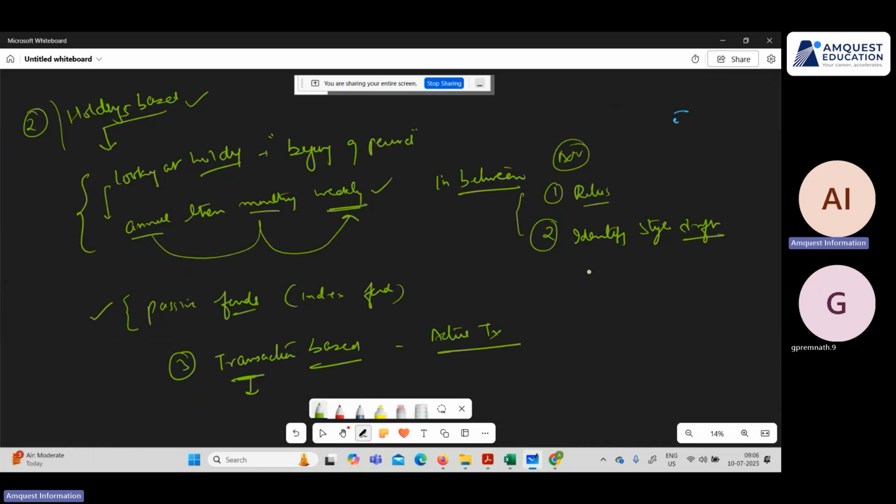So whether it is now or later or somewhere in between, it looks at all of them. So it is obviously the best way. In terms of least to best, easiest to hardest, but also least accurate to the most accurate.